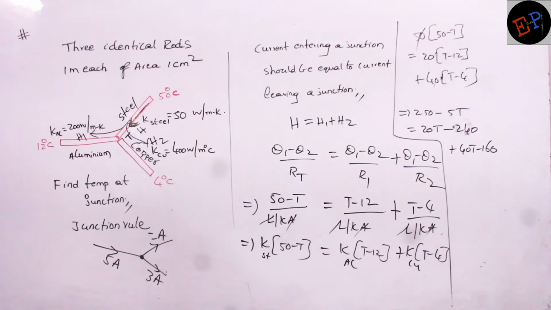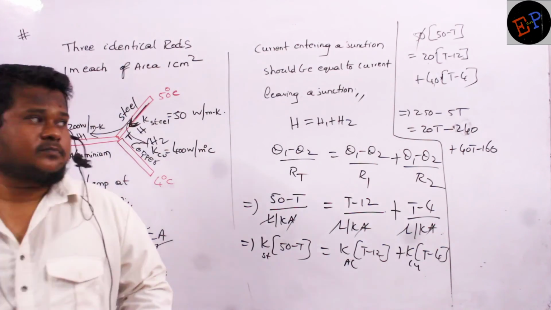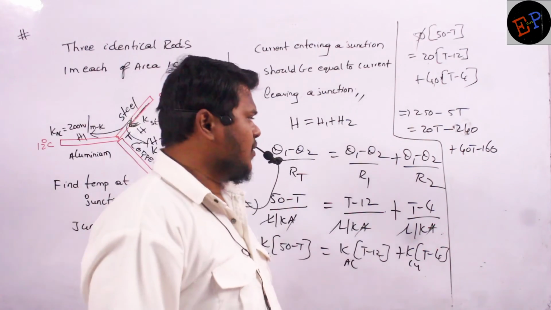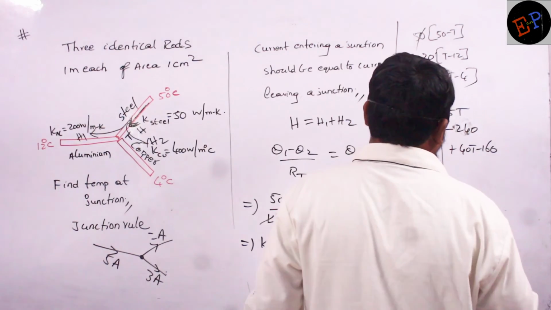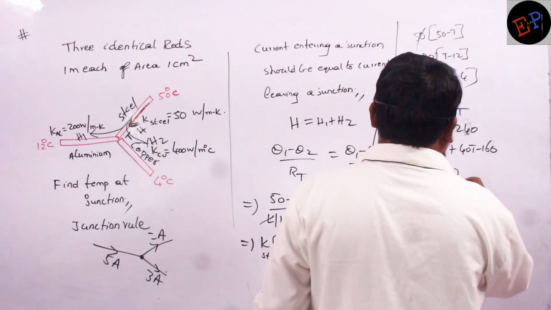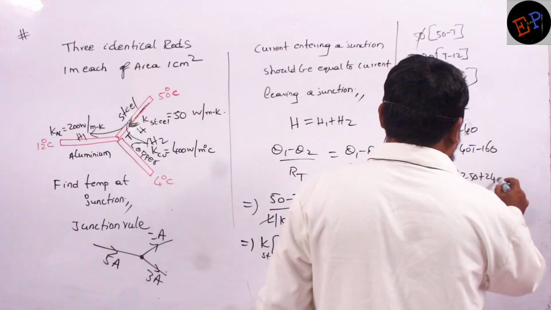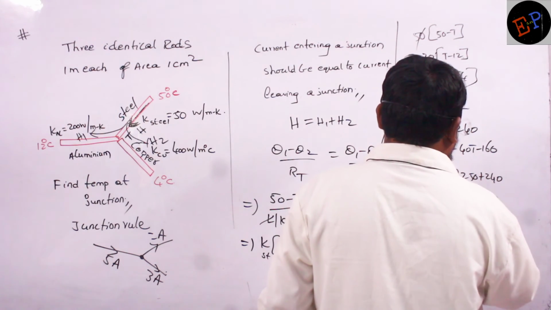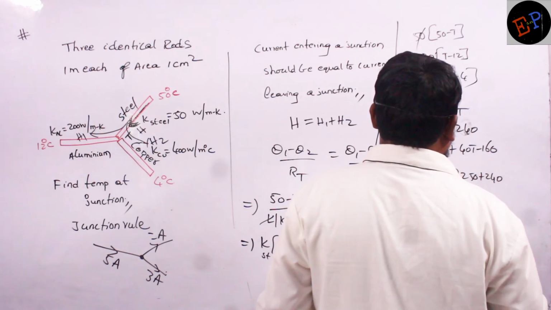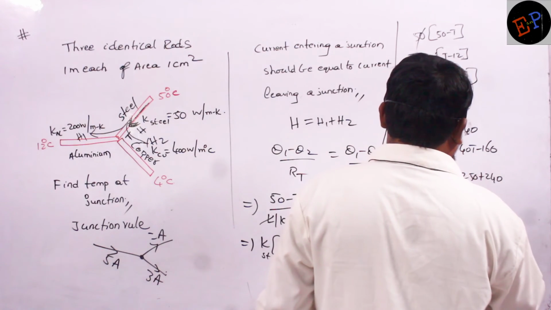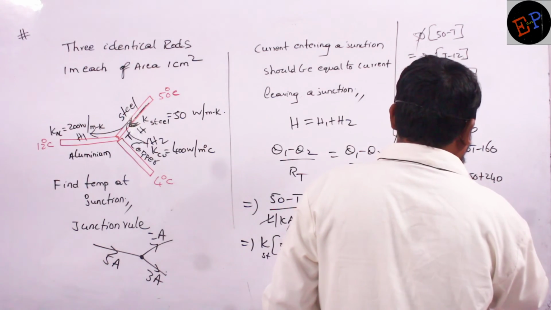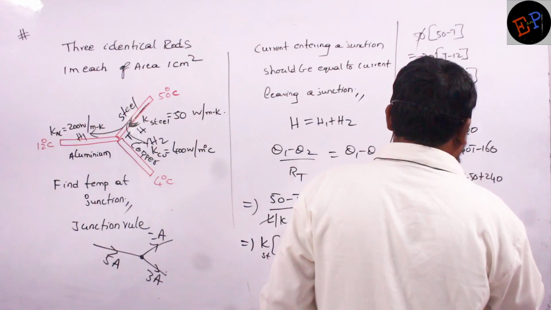So do this calculation and see what value we will get. Do it. 250 plus 240 plus 160 is equal to 20T plus 40T plus 5T.